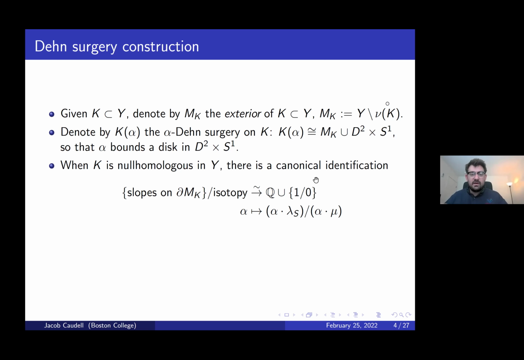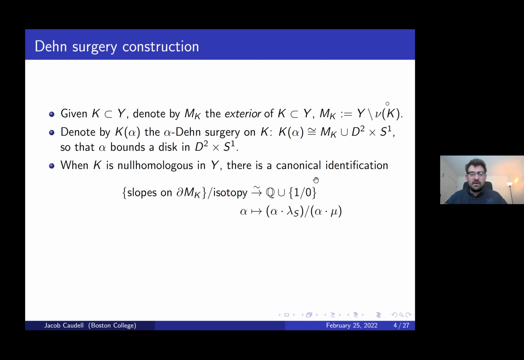And we say that a slope is integral if the geometric intersection number between alpha and the meridian is 1. Questions about just the setup for Dehn surgery? Okay, great.